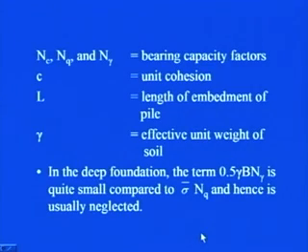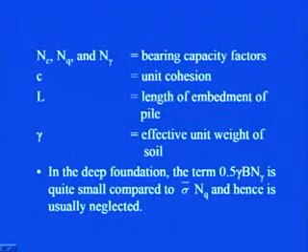Then, as you have studied in the chapter of shallow foundations, Nc, Nq and N gamma are bearing capacity factors which can be determined based on different theories given by different research workers. c is unit cohesion, L is length of embedment of pile, that is whatever length of pile is surrounded by the soil, and gamma is effective unit weight of soil.